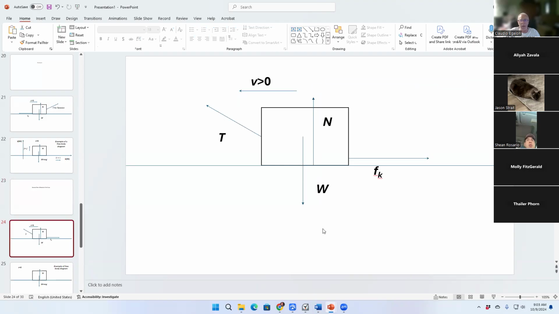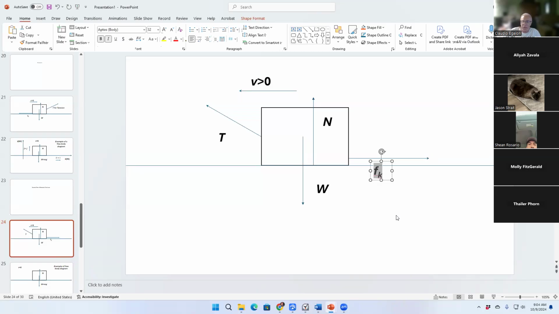We have the normal, we have the weight, we have the tension, and here we have the force of friction again. But because the object is moving, the force of friction has a different name. It's the kinetic force of friction.